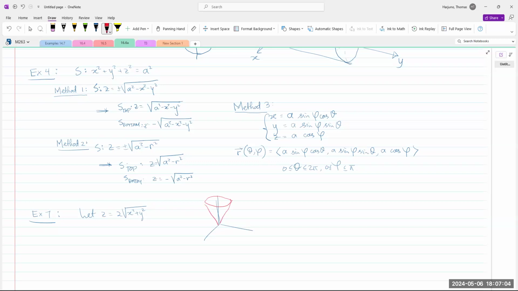So we can write that parameterization as r of x, y equals x comma y comma z, which is 2 times the square root of x squared plus y squared.